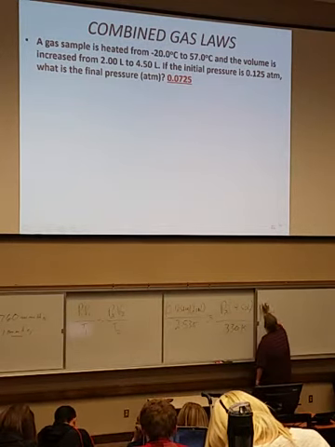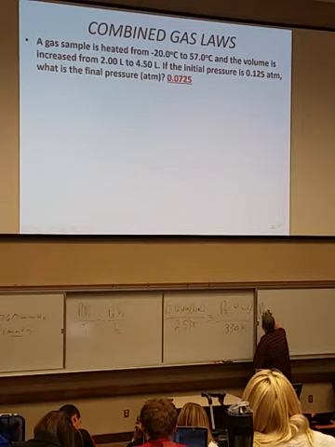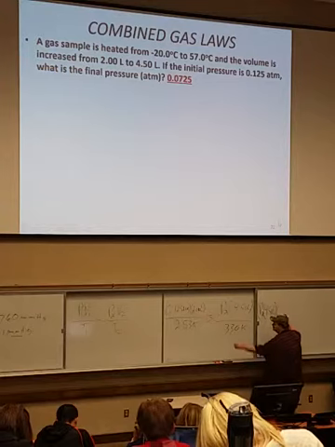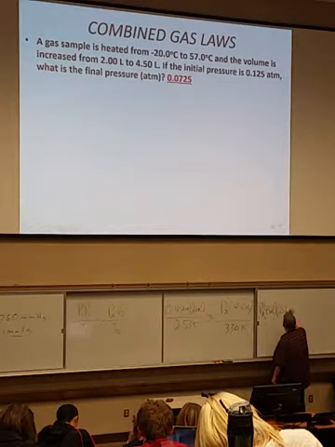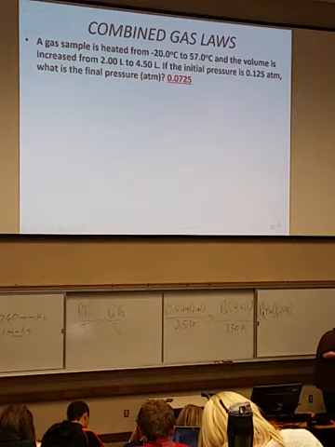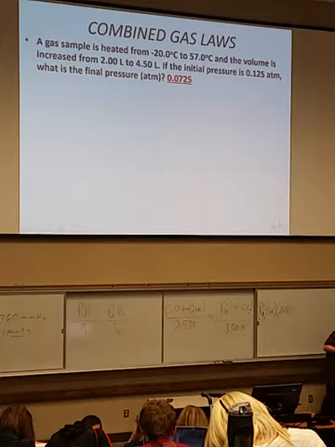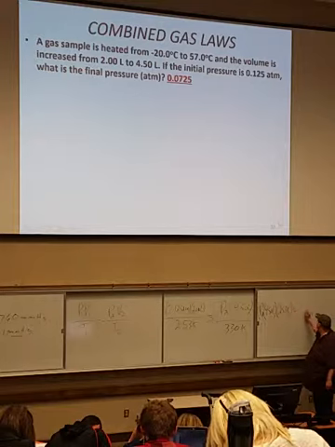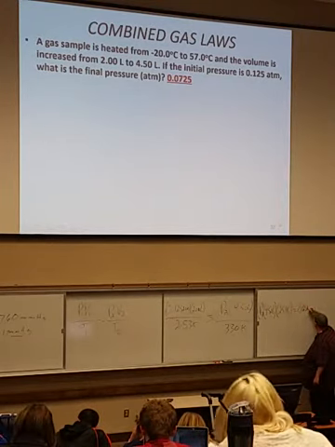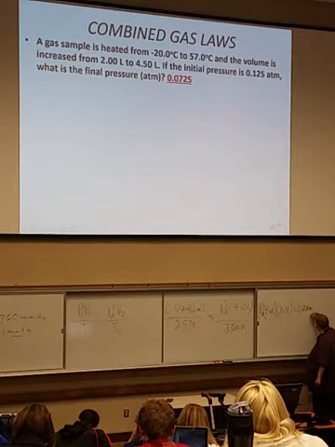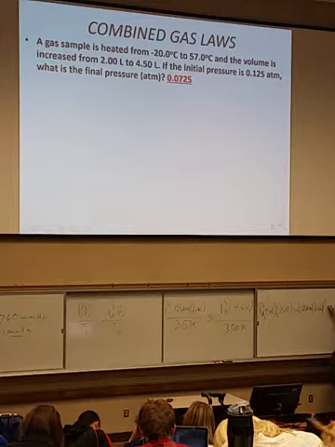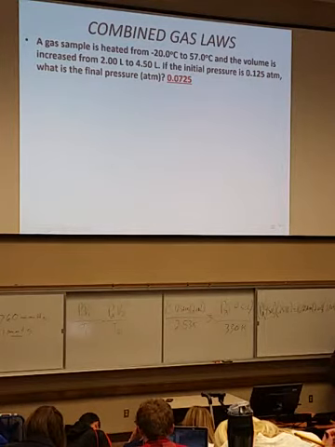So I've got this P2 times 4.50 liters over 253 K. Same thing, no matter how many variables we have. Equals 1.25 atm times 2.00 liters over 330 K.